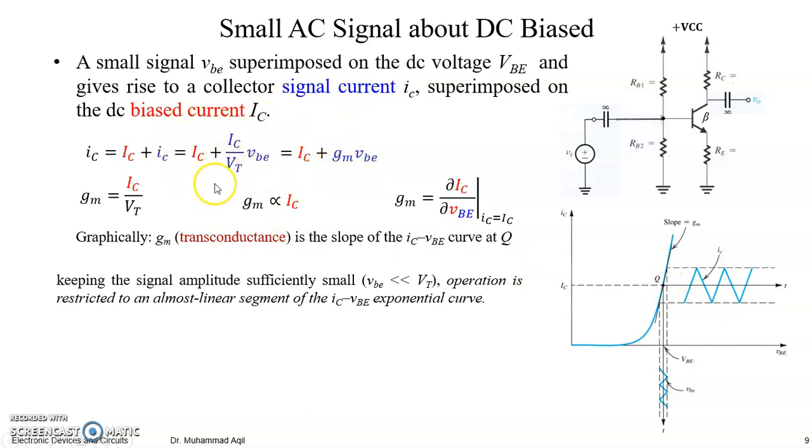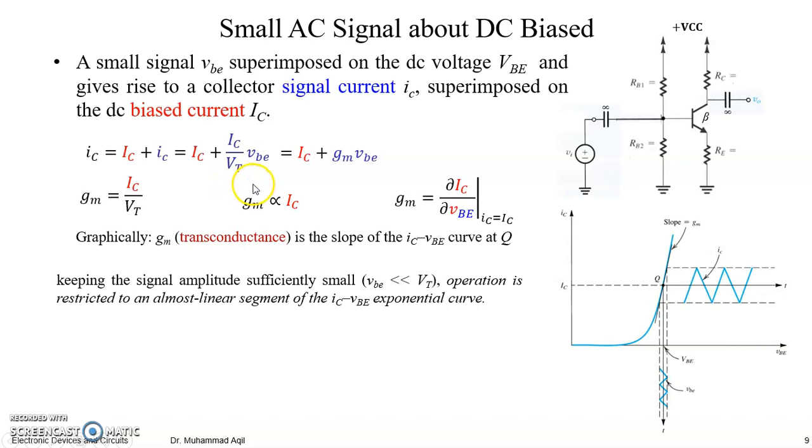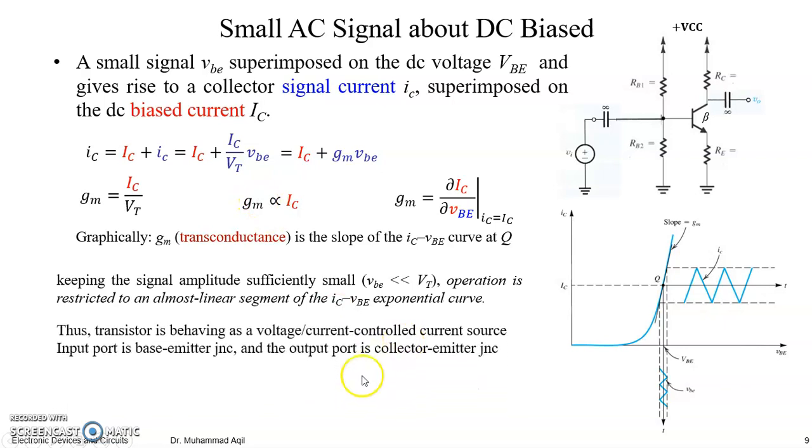This one, the previous one, we have already biased, right? So thus the transistor is behaving as a voltage controlled current source or as a current controlled current source.